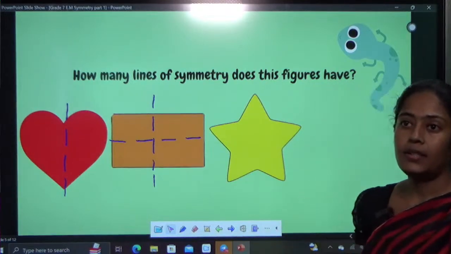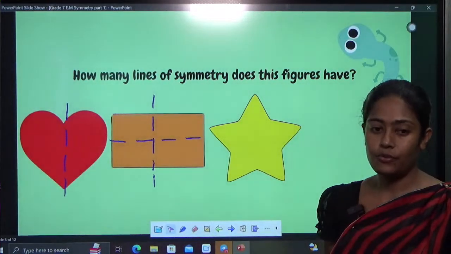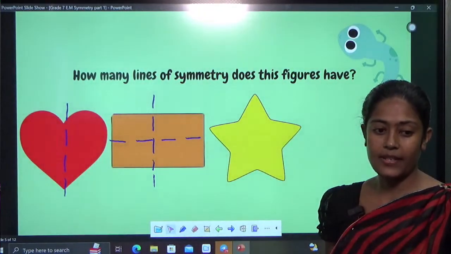Here, now I have a star, right? Try to find the symmetrical axes.